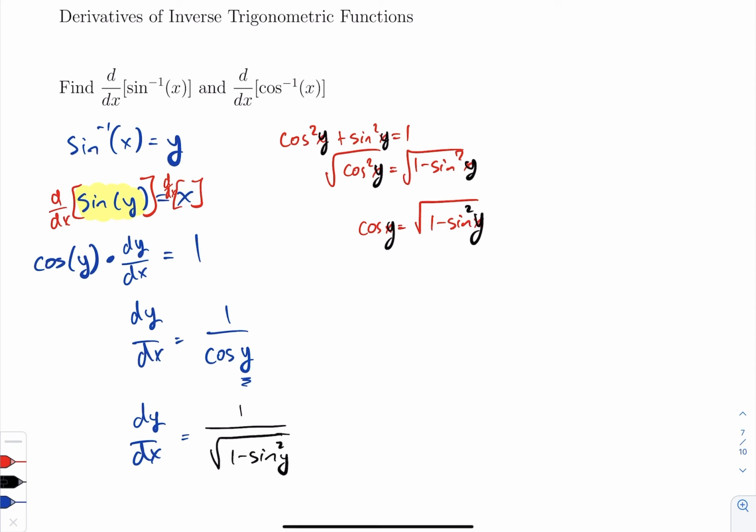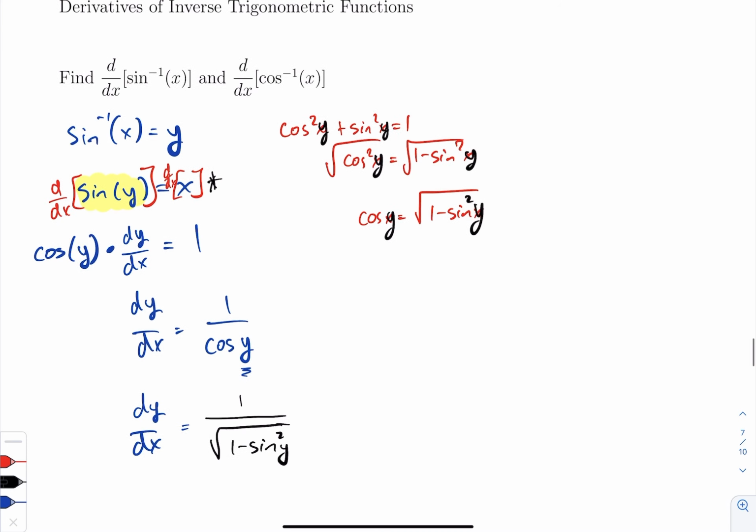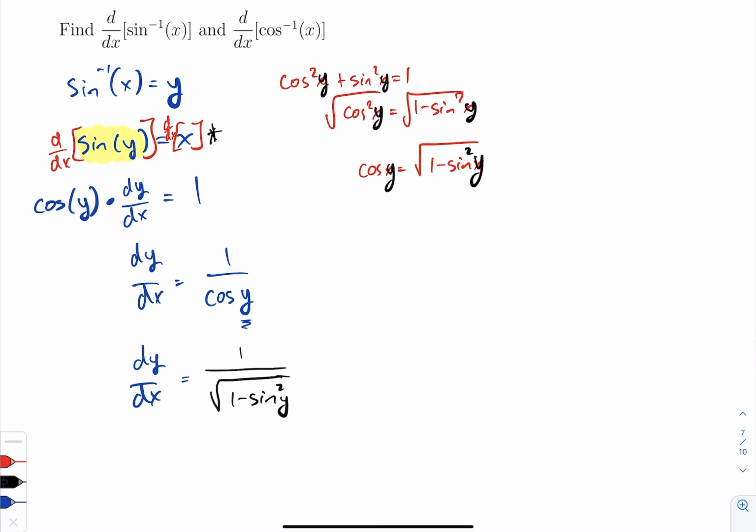So I still have this in terms of y, but the reason I do that is because back up here, I had this relationship, sine of y was equal to x. So now that I have a sine squared of y, I can rewrite this as 1 over the square root of 1 minus x squared is equal to dy dx.